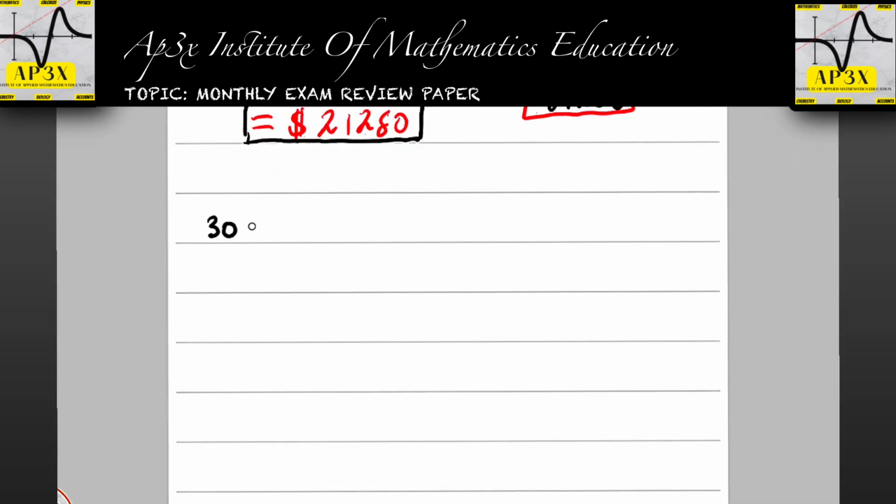You can say 30 over 100 multiplied by 45,920. And when you get that answer, you're going to add it back to 45,920. So it's going to be 30% divided by 100 multiplied by 45,920.